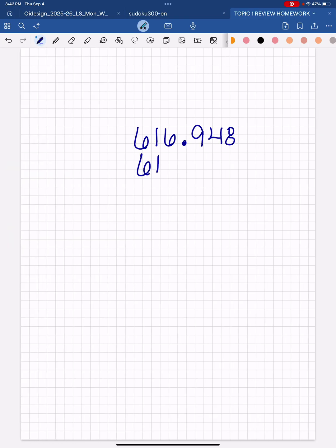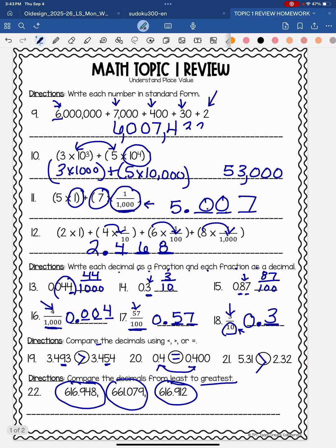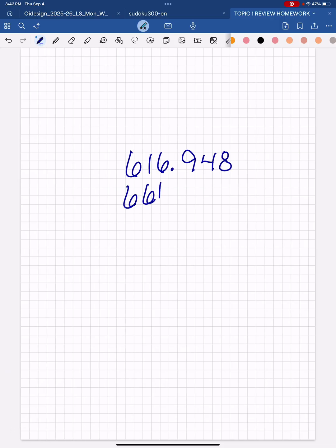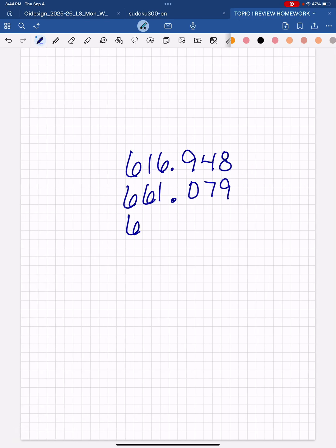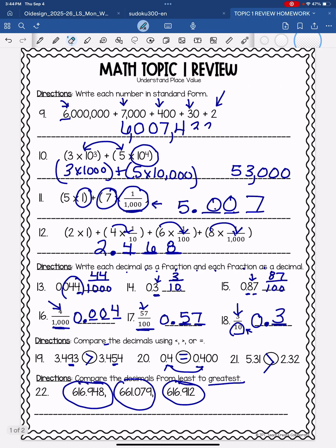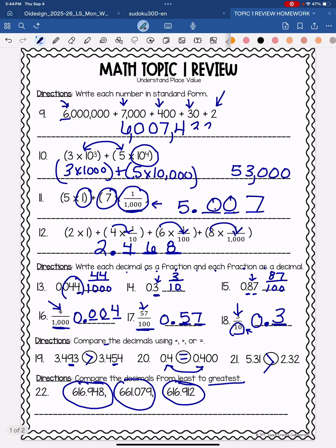And then the next one, 661.079, and 1, 2.